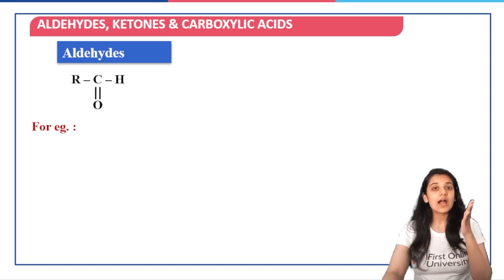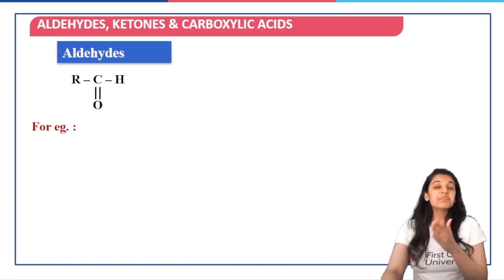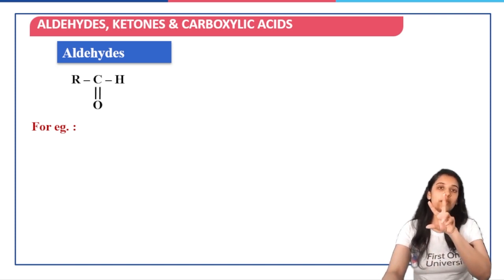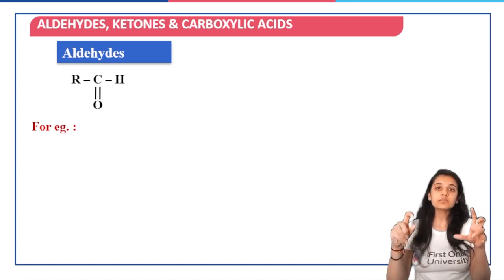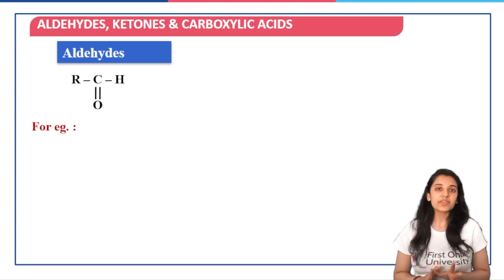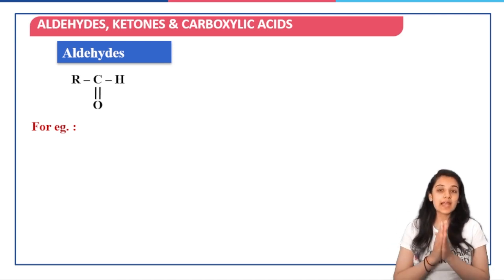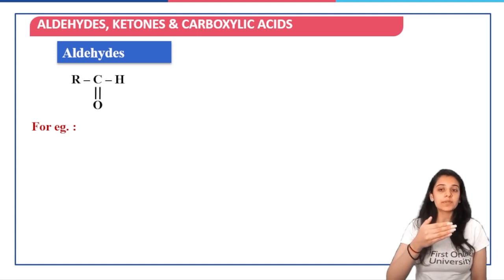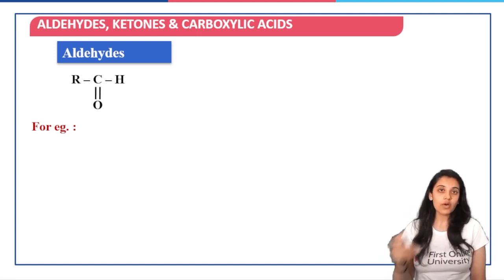Therefore, aldehydes are terminal functional groups, whereas a ketone is a non-terminal functional group. That is, it will always appear in between a chain, whether at the second or third or fourth position, depending upon whatever compound is given to us. But aldehyde is always going to appear at the end of any given chain.